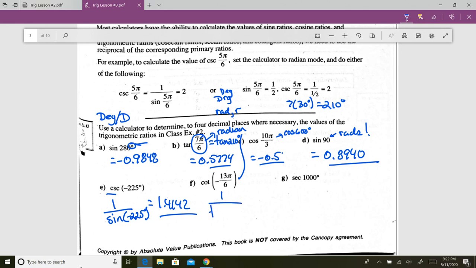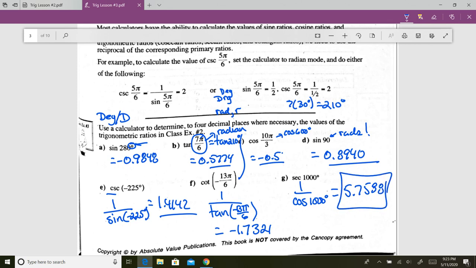Cotan is 1 over tan of negative 13 pi over 6, which should give you negative 1.7321. And the last one, secant of 1,000. Secant is 1 over cos of 1,000 degrees, which should give you 5.7588.